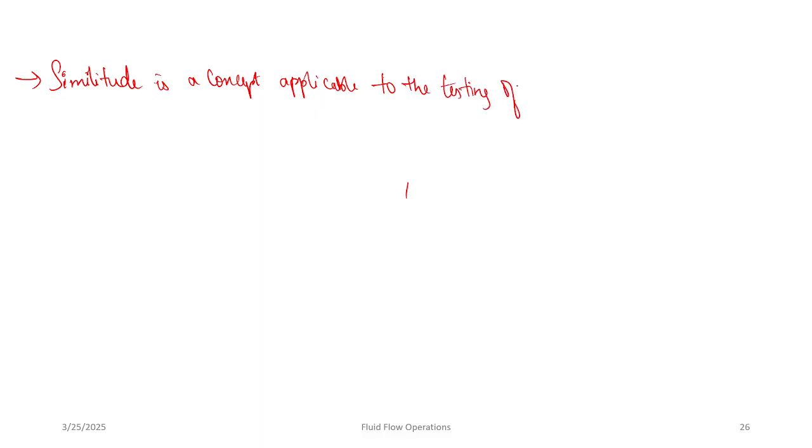That is similarity. Similitude is a concept applicable to the testing of engineering models.